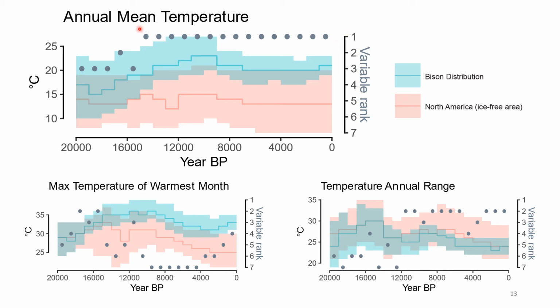As you can see here, the annual mean temperature was a very important variable for predicting bison distribution for the past 15,000 years. And you can also see just how much the annual mean temperature experienced by bison diverged from the median continental climate.